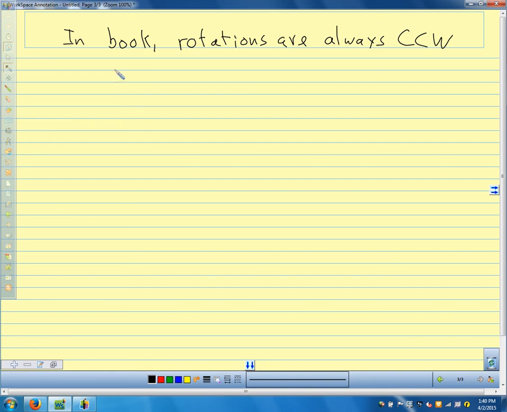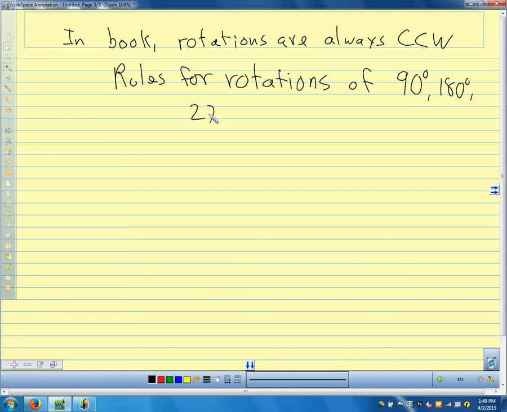And we're going to list some rules for rotations of 90 degrees, 180 degrees, 270 degrees, and 360 degrees. So we have some nice simple rules.